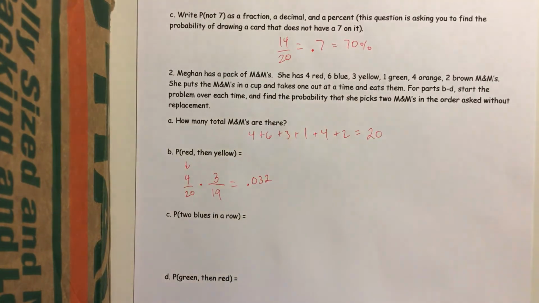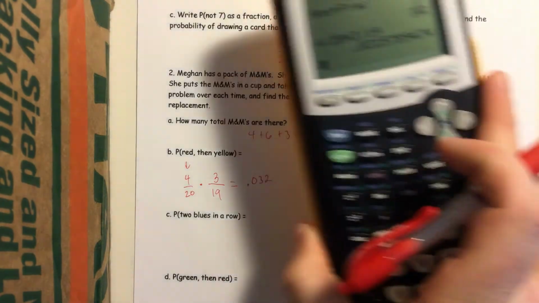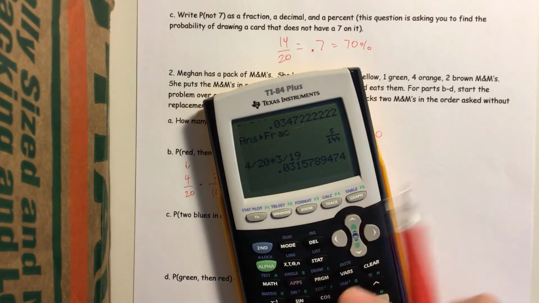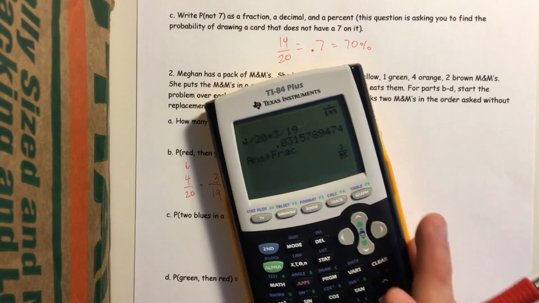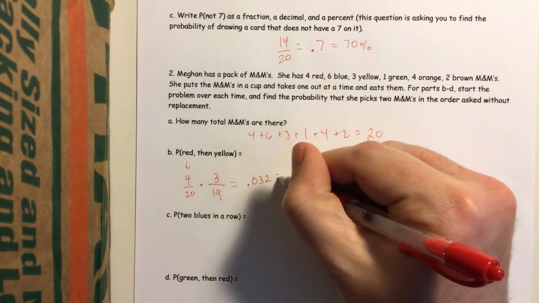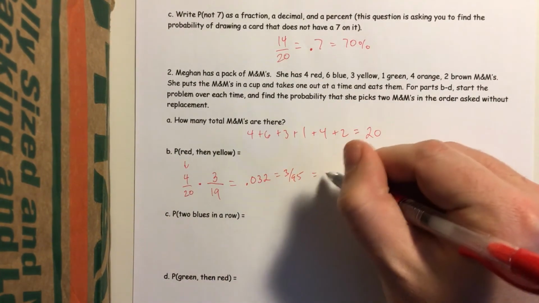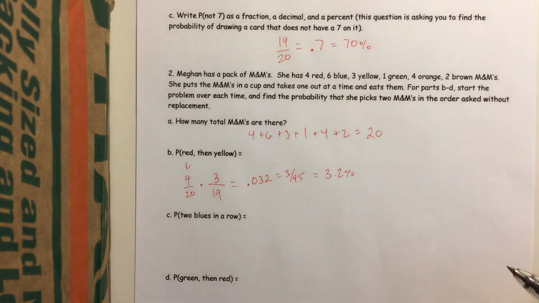If you convert to a fraction, don't convert this expression; convert the number you get in the calculator to a fraction. If you do the math, frac, I get 3 over 95. And the percentage of this would be 3.2%, moving that decimal place over 2 times.